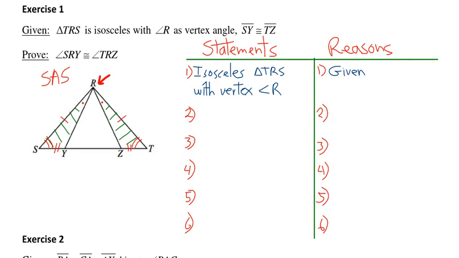The conclusion was that there are two sides that are congruent, because from an isosceles triangle, you can get two sides that are congruent. And the sides were RT congruent to RS, and that is by the definition of the isosceles triangle.